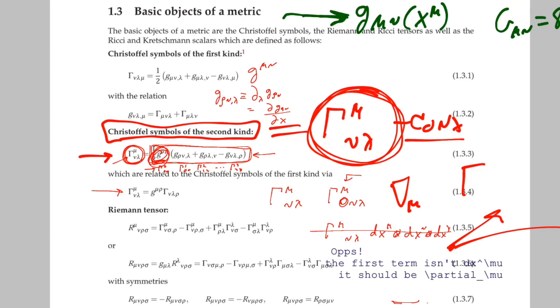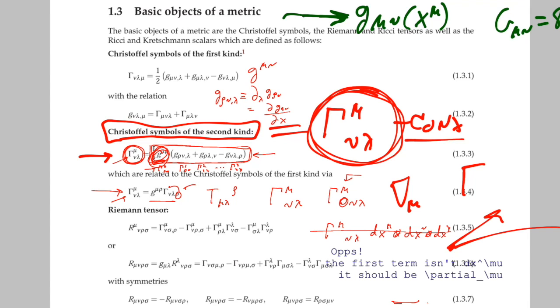But then look at this. You're kind of raising an index. You're taking this rho here and raising it up there in some weird way. Normally, if you did this, and this was a tensor, you would end up with T^rho_{mu lambda} like that.